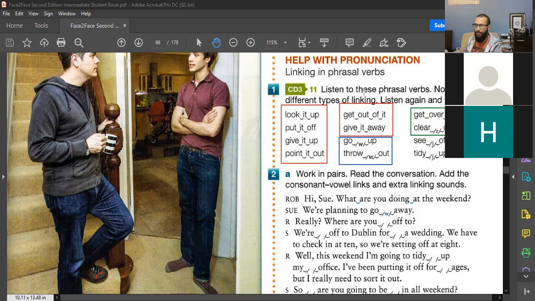And the last sound, we've got the Y. So we've actually got about 4 types of linking that happens when we say phrasal verbs. I'm just gonna play it for you. Just pay attention to how it's done so we can see the difference.